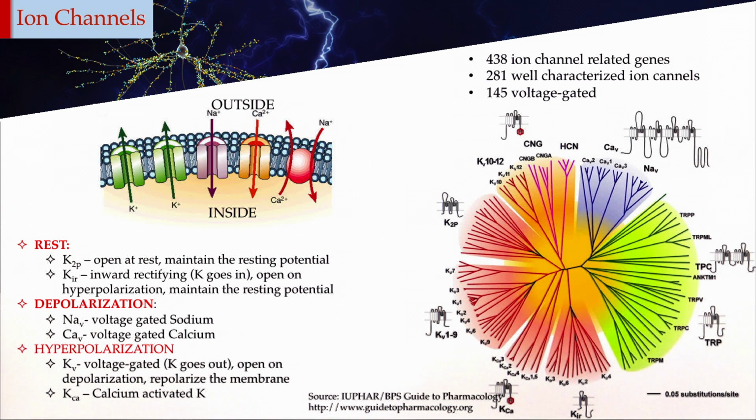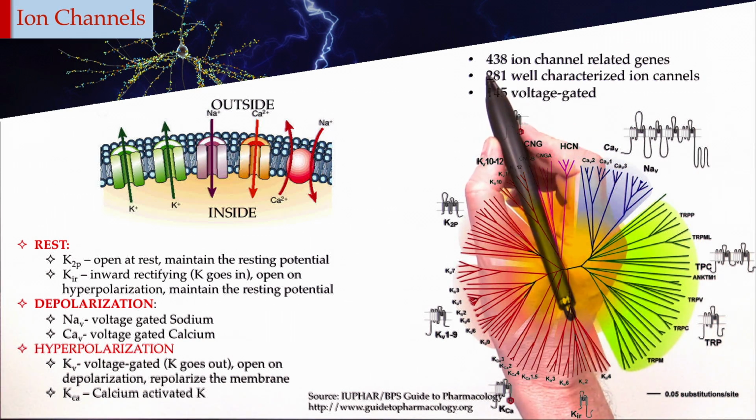So ion channels, they are the heart of neurons, if you wish, or the heart of the electrical activity of neurons. And it's quite a challenge when you first go in and look at all the ion channels. But the organization is actually quite elegant.